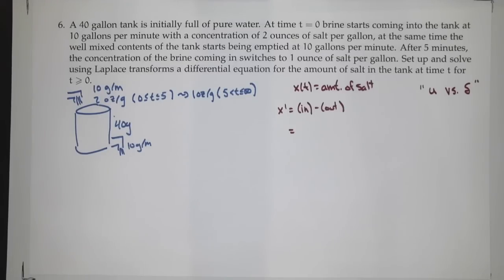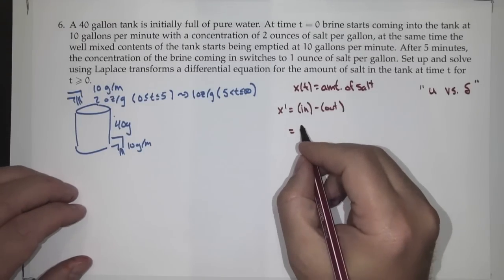A U situation is a change in behavior that's sustained. A delta situation is a one-time pulse. Like in terms of brine, somebody came and dumped a big 5-pound thing of salt into the tank. That would be a delta situation where it's just that one instantaneous moment that something gets affected. Sustained, that's a U, that says we're switching behavior.